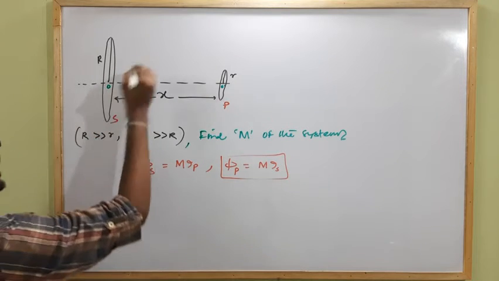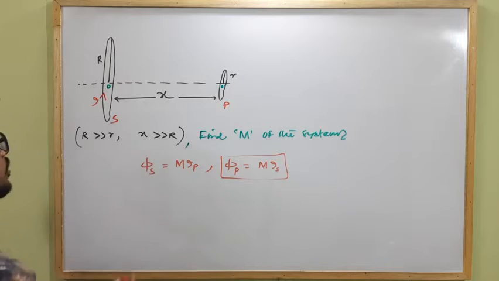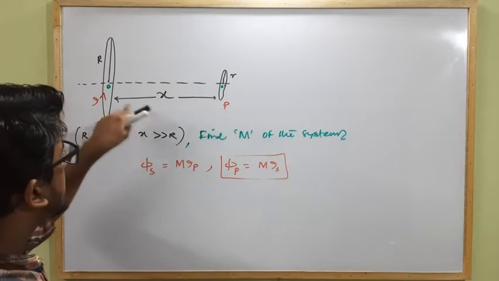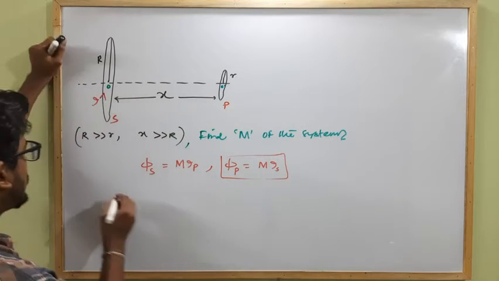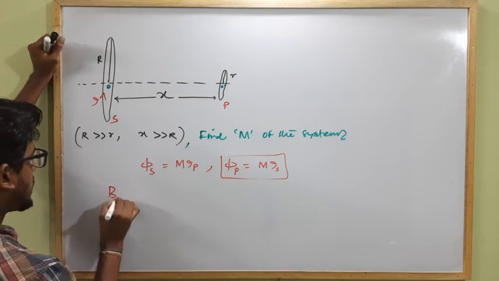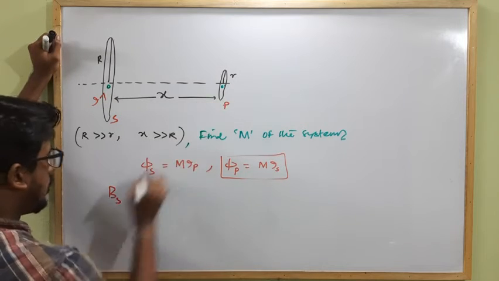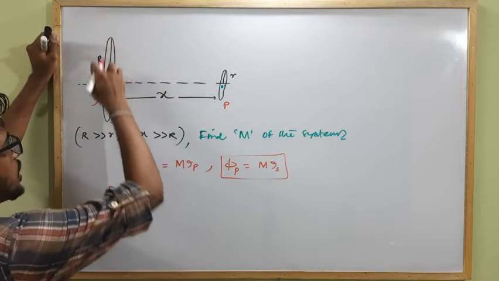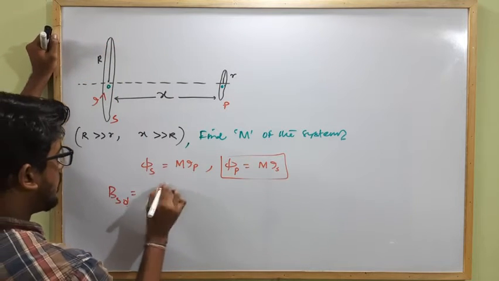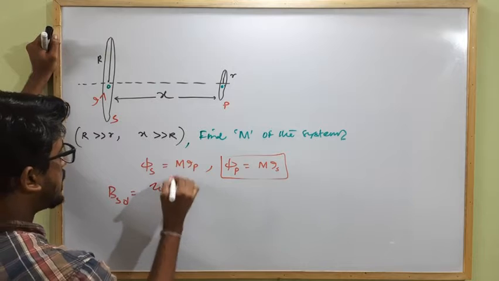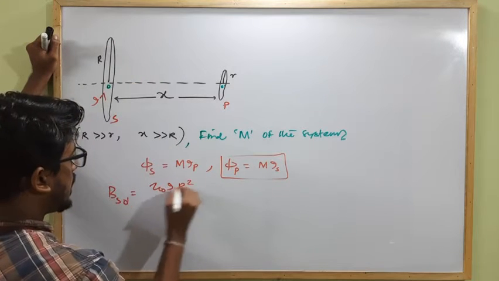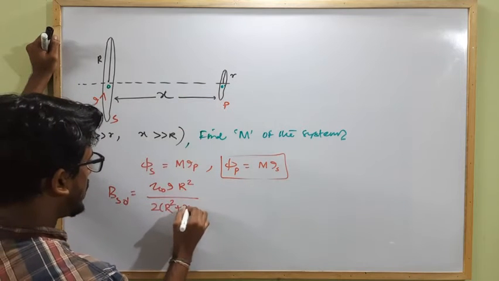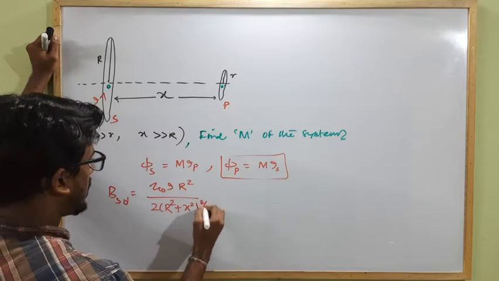Clear? So if current I is allowed to flow through this secondary coil, what is the magnetic field at the point O dash, which is at a distance x from its center? As we already know, the magnetic field due to secondary at point O dash will be how much? We already know this is an axial point of this circular current carrying ring. So the magnetic field will be mu naught current flowing I, radius of the coil R square divided by 2 into R square plus distance from the center x square to the power 3 by 2.